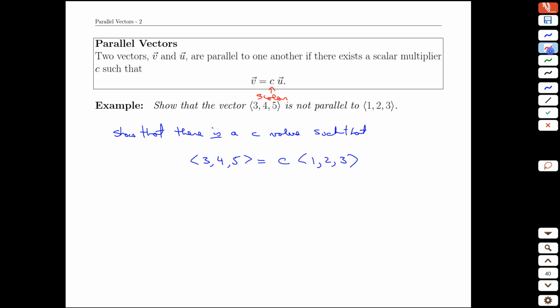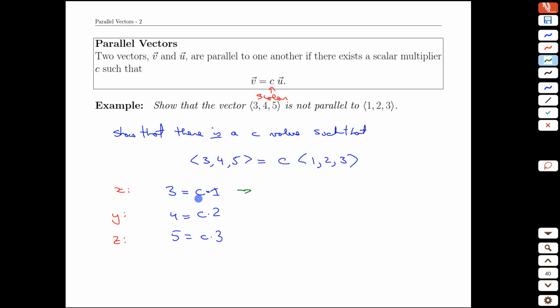Well, what we can do is look at the components of each of those expressions, and we'll have 3 equal to c times 1. Or if we look at the y components, we would have 4 on this side equals c times 2. Or in the z component, we would have 5 equals c times 3. And the question is, can we find a c value that makes all of these happen?